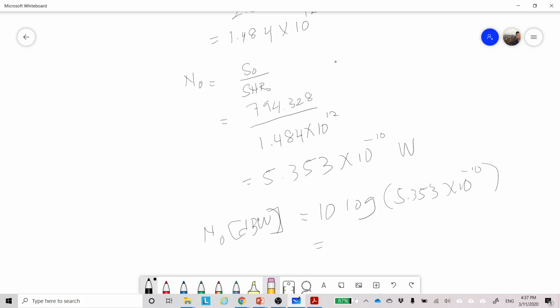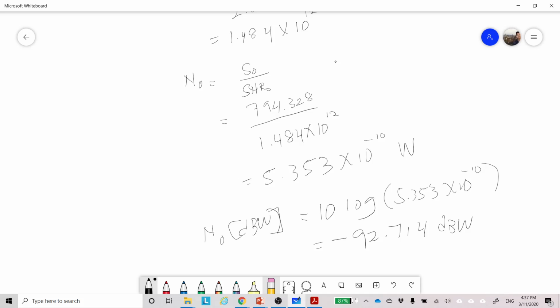So sama dengan 10 log 5.353 eksponen negatif 10. So negatif 92.714. Saya dapat negatif 92.714 dBW. Okay.